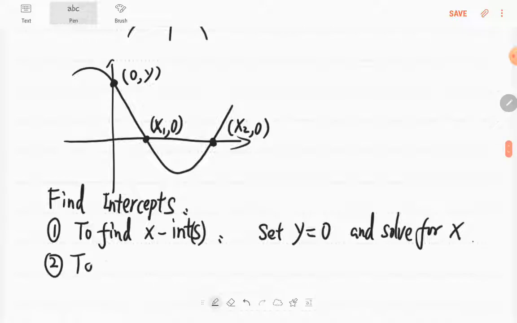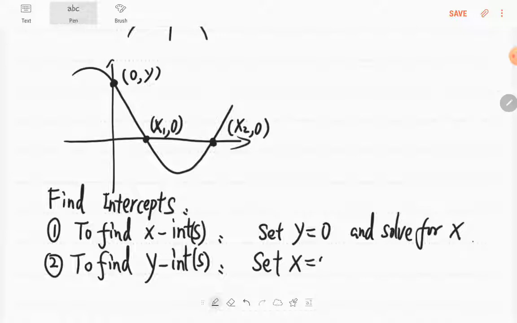Similarly, to find the y-intercept, the x coordinate is always 0, so we just set x to be 0, then solve for y.